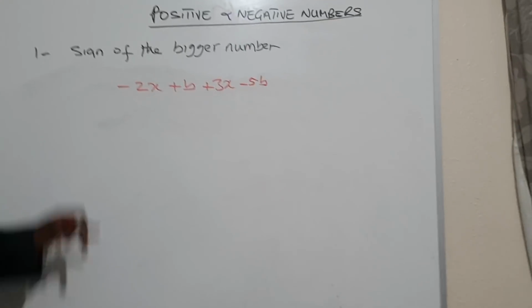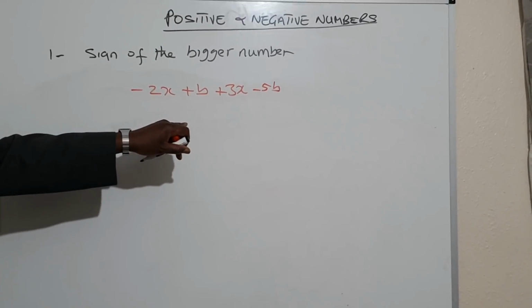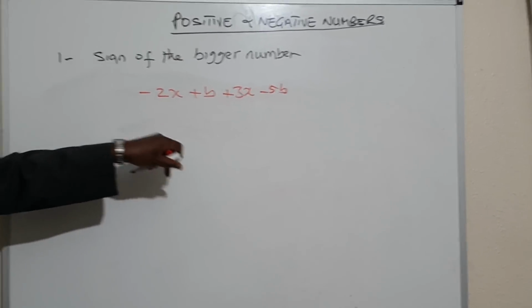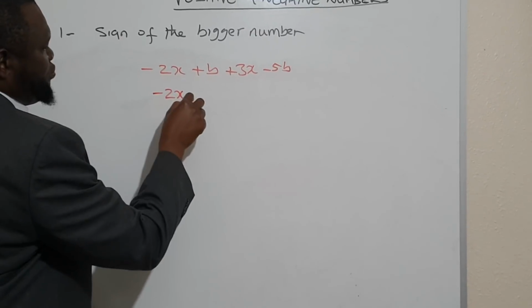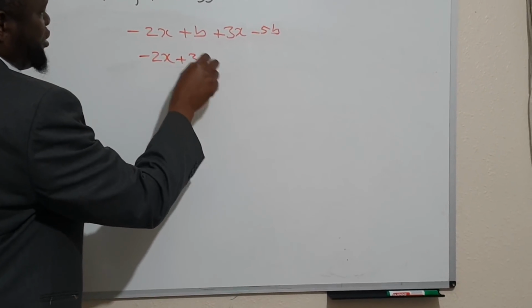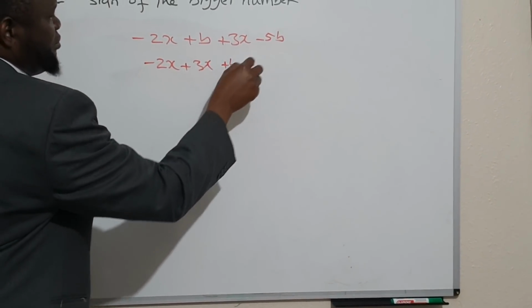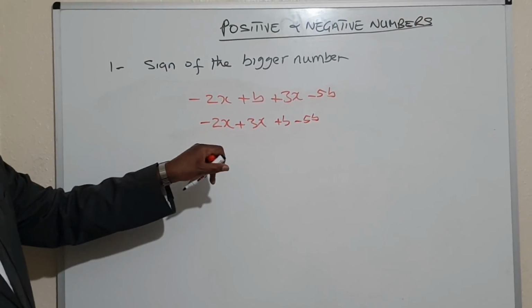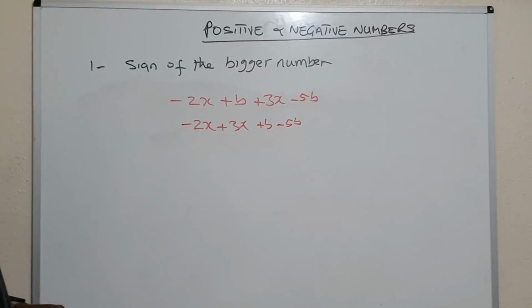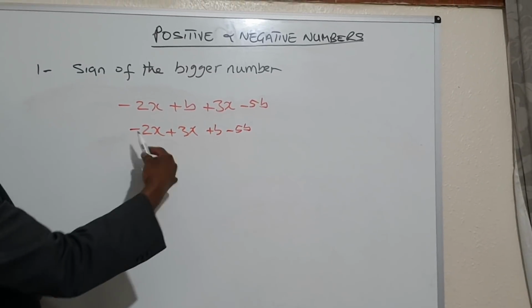Okay? Now, in algebra, what do we do? Like terms. We collect the like terms, innit? So, minus 2x plus 3x, innit? Plus b minus 5b. Now, if you don't know how to manipulate your signs, this will be difficult for you, innit? Now, we look at these two.